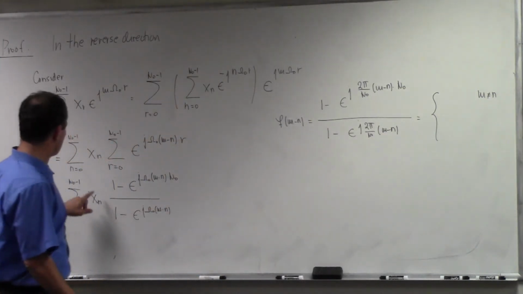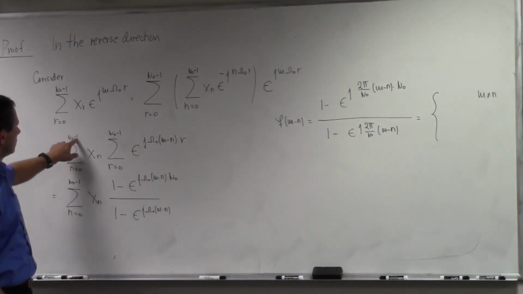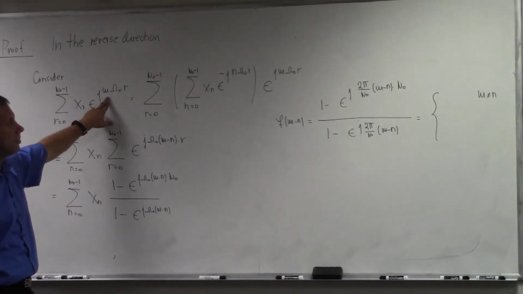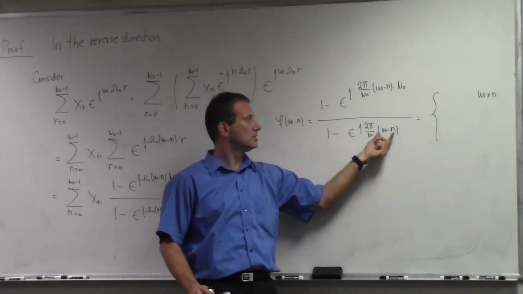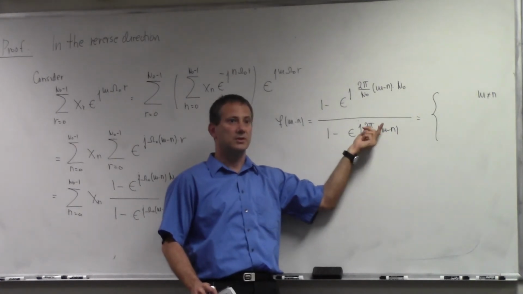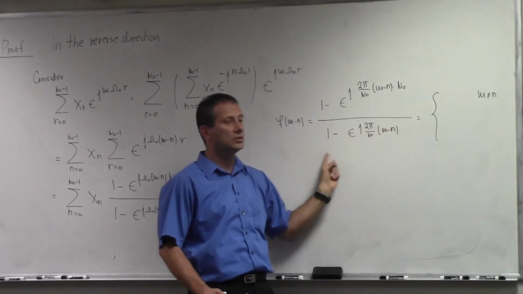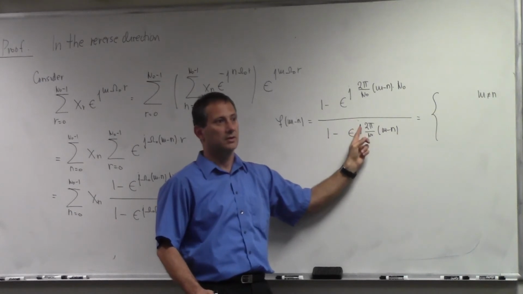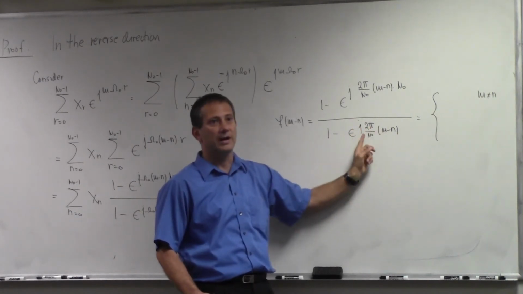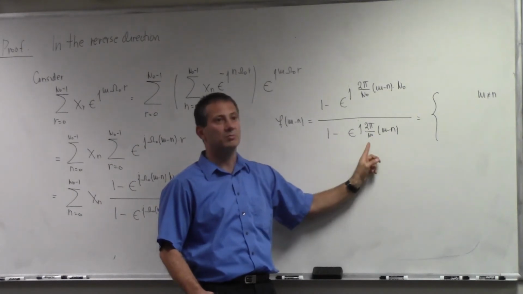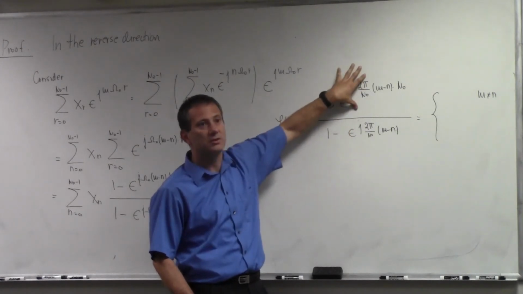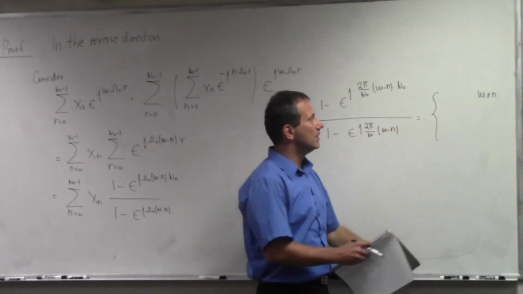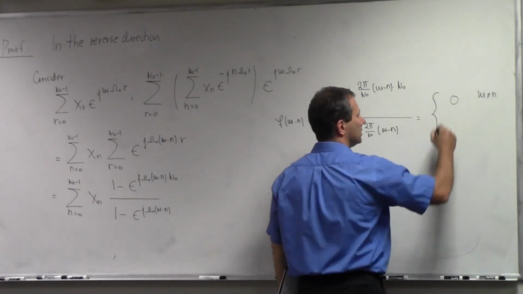You can see that here, n goes from 0 to n0 minus 1, and this m here is smaller than n0. So their difference is always smaller than n0. So this is some fraction of 2 pi, which is not equal to 0. That's all I care about. This never amounts to a full 2 pi, because m minus n is always smaller than n0. So the bottom is something different than 0, but the top is equal to 0, so when m is different than n, this whole thing is 0.